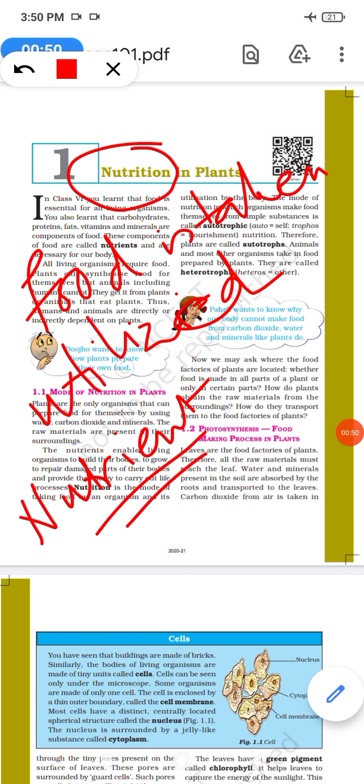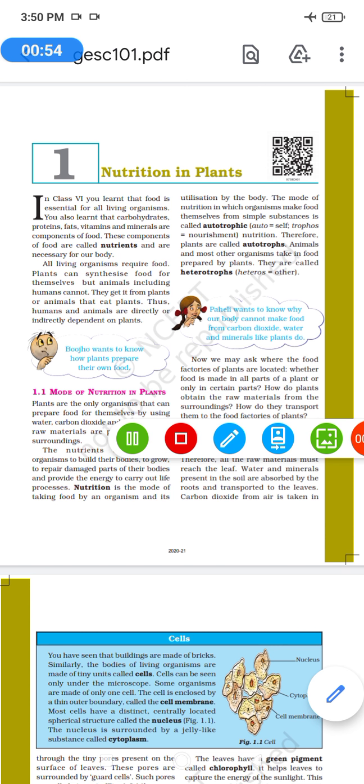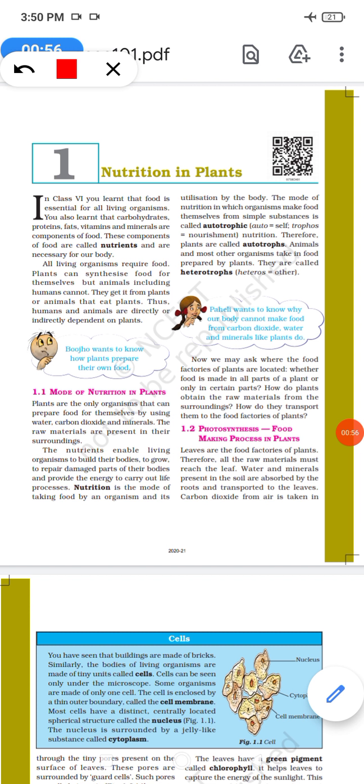So based on the mode of nutrition, I can separate the plants into autotrophic mode of nutrition and heterotrophic mode of nutrition. Autotrophic are those who make their own food, and heterotrophs are those organisms which depend on other plants for food.